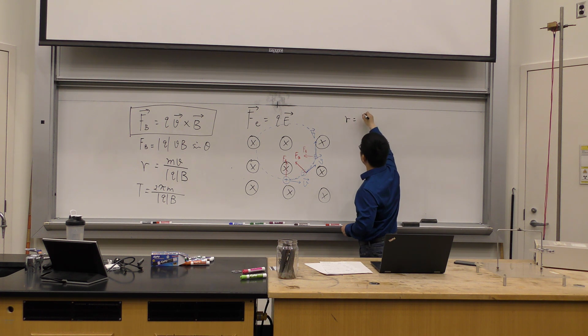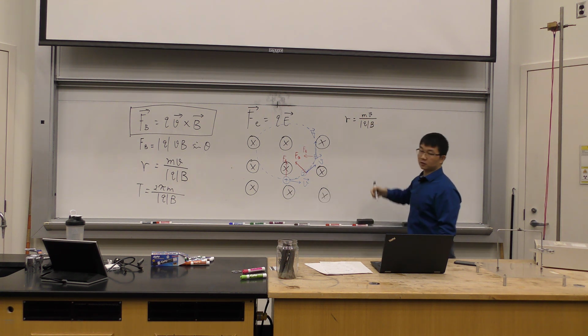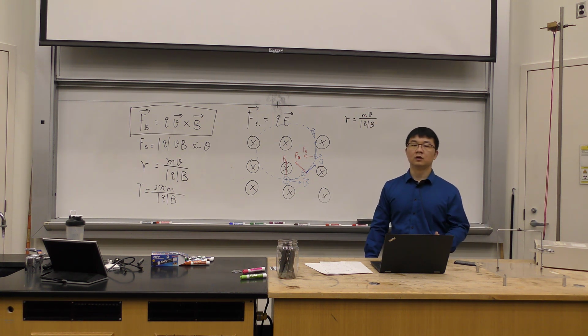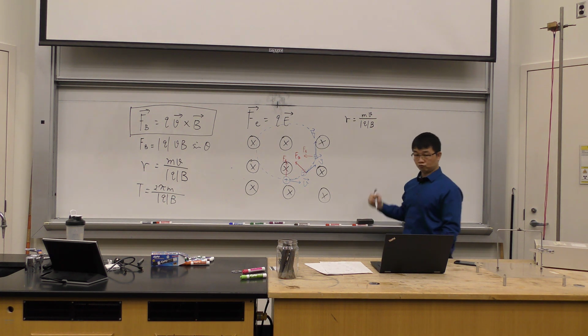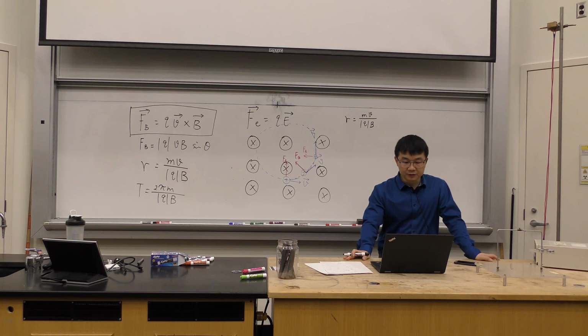The mass and charge of the electron are constants, you don't need to worry about these two. Then I will need the V and B. So how do I find the B?